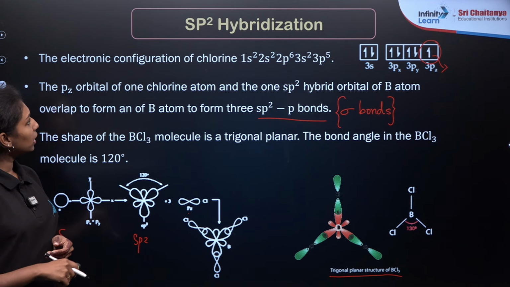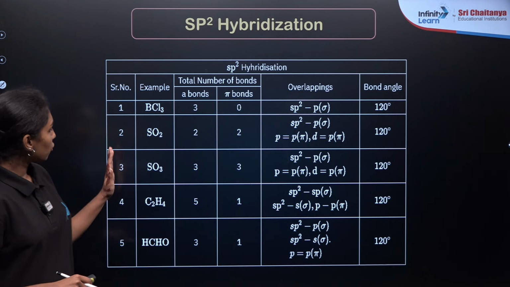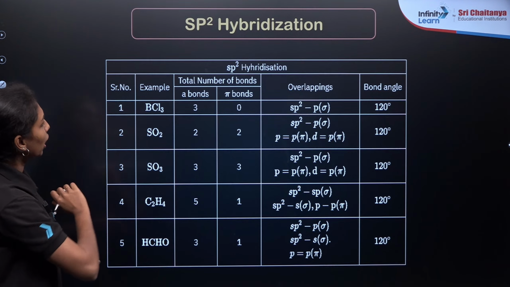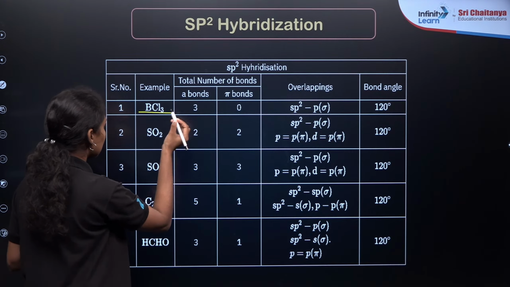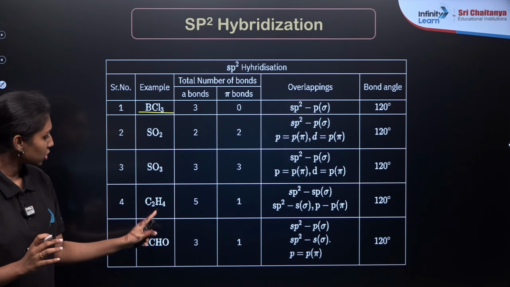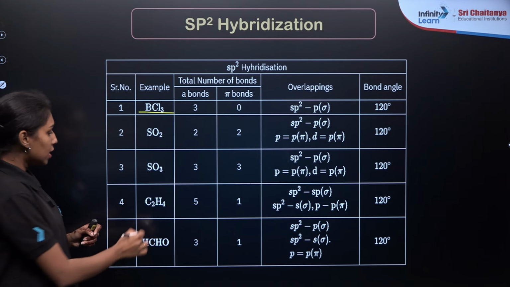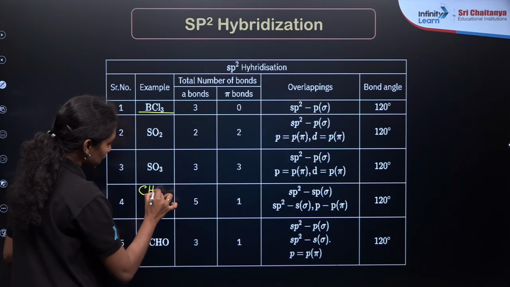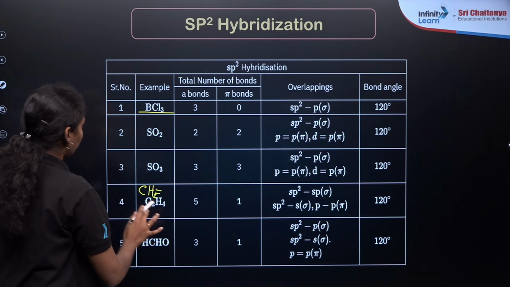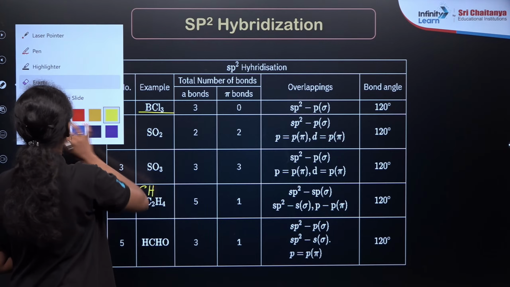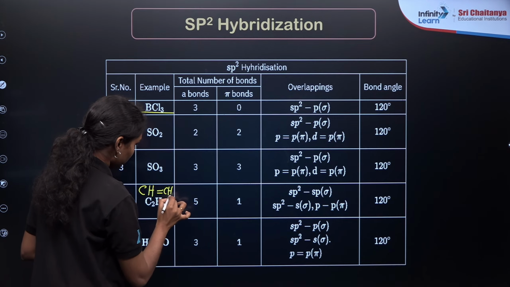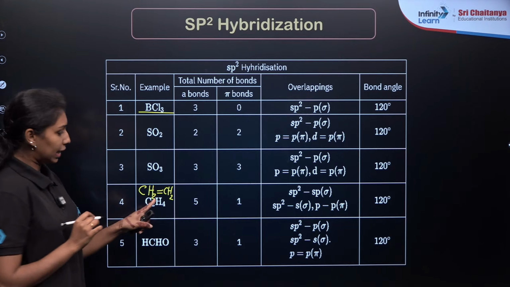Okay, finally we are moving to the next type of hybridization. Again, there are some examples for sp2 hybridization also. BCl3 we have already discussed. So try to find out the shape of the sp2 hybridized orbital for SO2, SO3, C2H4 and HCHO. C2H4 means the ethene molecule, right?